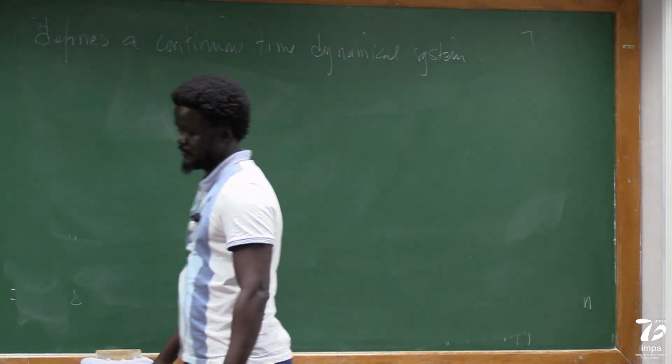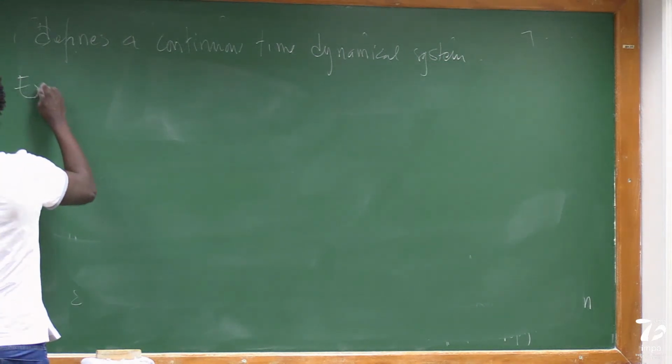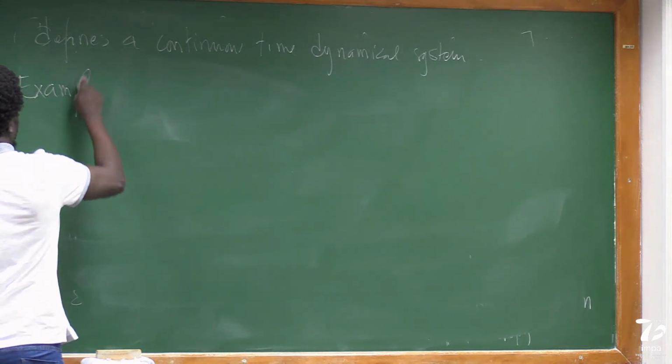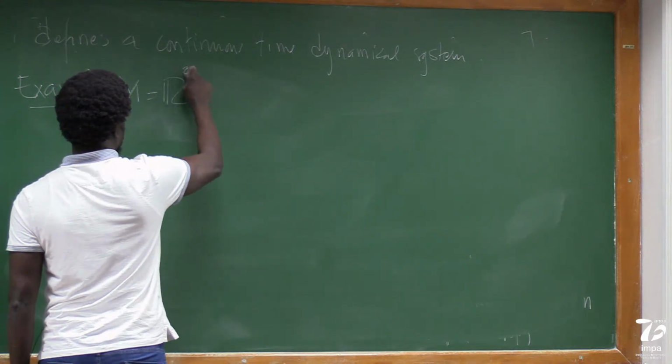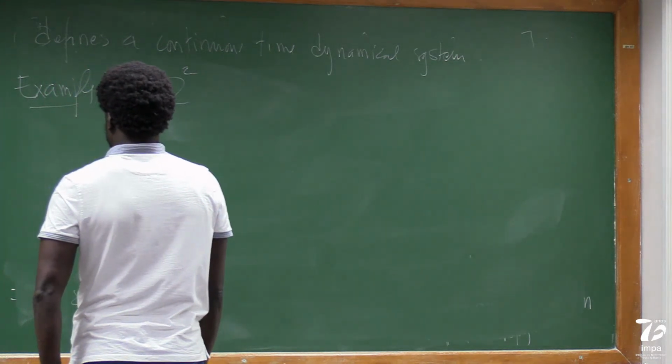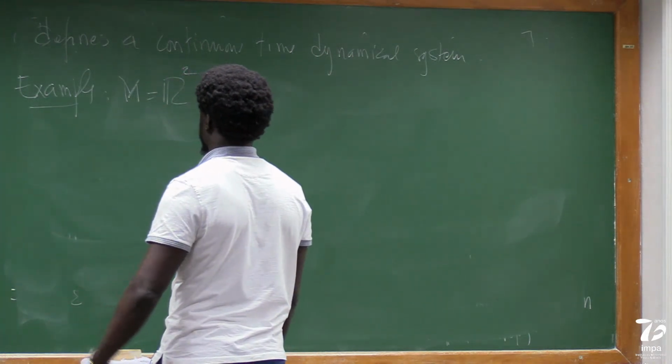So an example for this, I have here an example. An example for a continuous time dynamical system: you can think of M being R2, so B is the Borel and mu is Lebesgue.